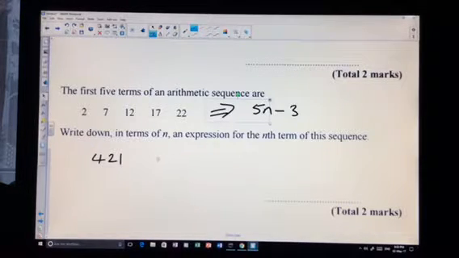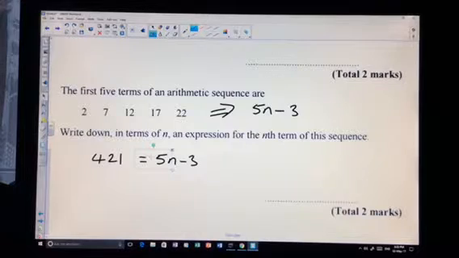If it is, then I know that I can take the sequence of 5n minus 3, and I should be able to find a counting number of n that makes 421. I should be able to do that if this is actually part of this sequence.